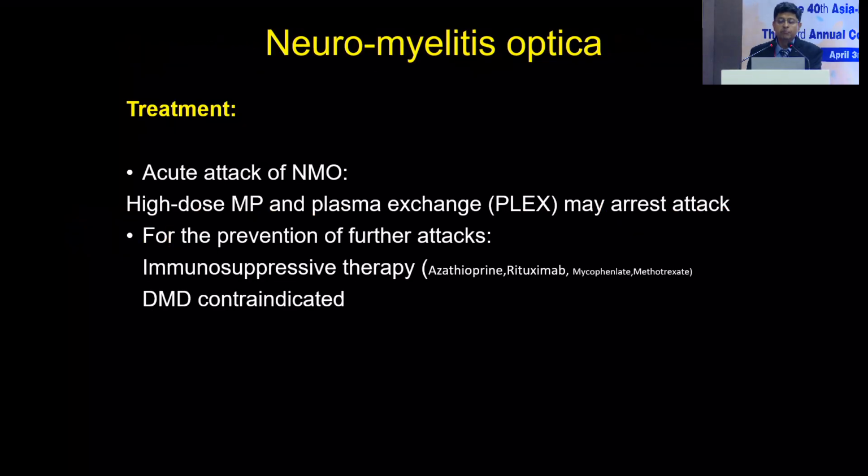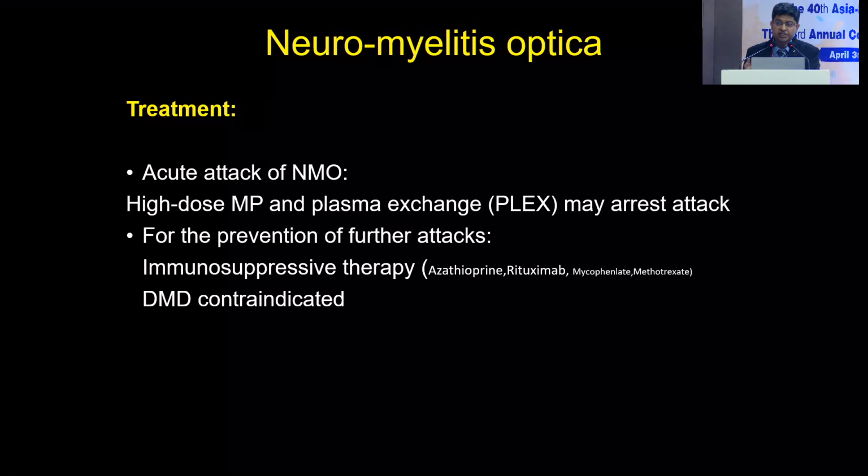Acute attack of NMO, whether it's seropositive or not, is managed by high-dose methylprednisolone the way you would start. You're waiting for the blood sample report to come. If it is positive, you would continue your oral steroids for a much longer period of time. In fact, your IVMP may continue for 5 days or more. You will continue oral steroids for a long period of time, and if the vision doesn't recover, you may think of doing plasma exchange therapy or PLEX.